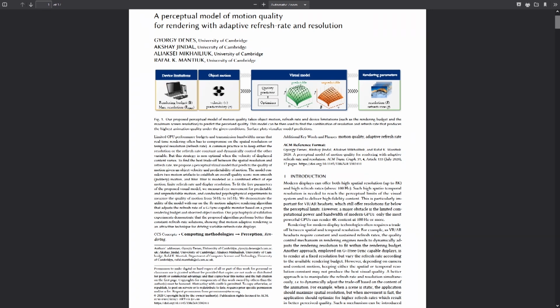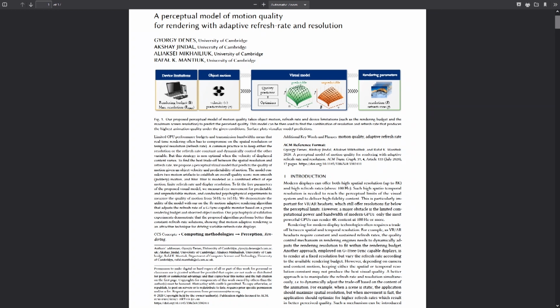A quick summary of their conclusions is that compared to constant refresh rate solutions, motion adaptive rendering, which is an algorithm that they implemented, is an attractive technique for variable refresh rate displays, being able to modify the resolution and the refresh rate based on the image that is being shown in a particular moment.